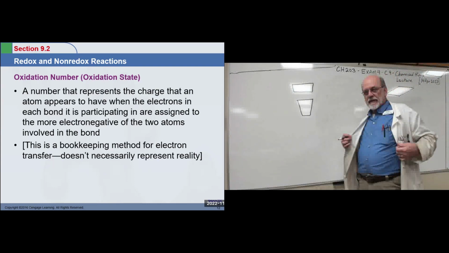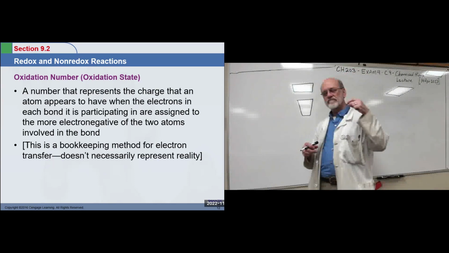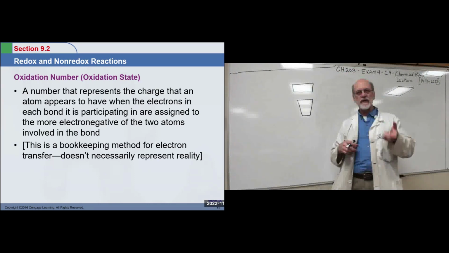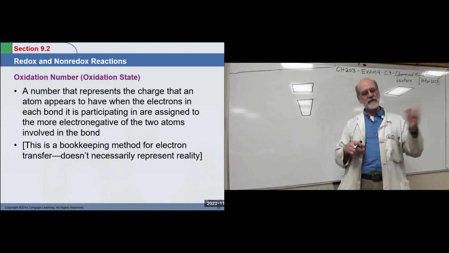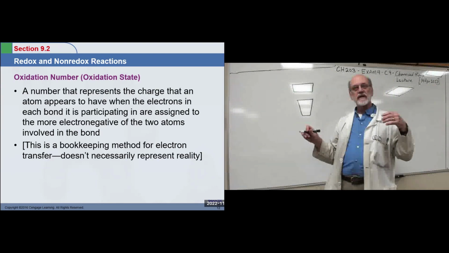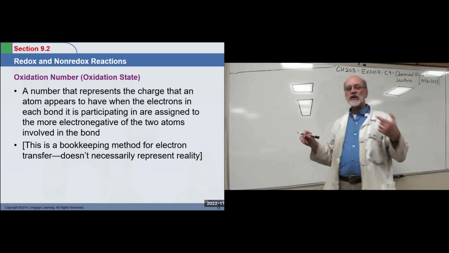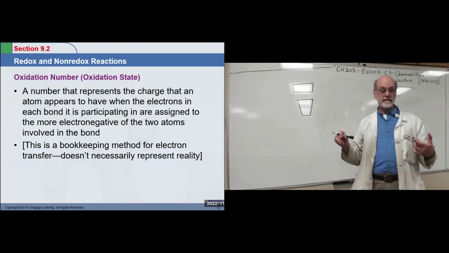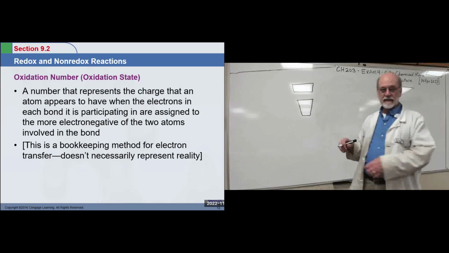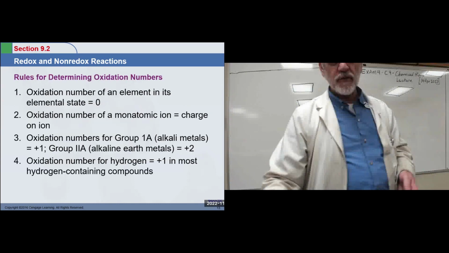Now, this is not to say that the oxidation number, whether it's +1, +2, +3, or -1, -2, -3, whatever, doesn't necessarily mean that there's a charge involved. It's a bookkeeping scheme for electrons. So, let's go through the rules.